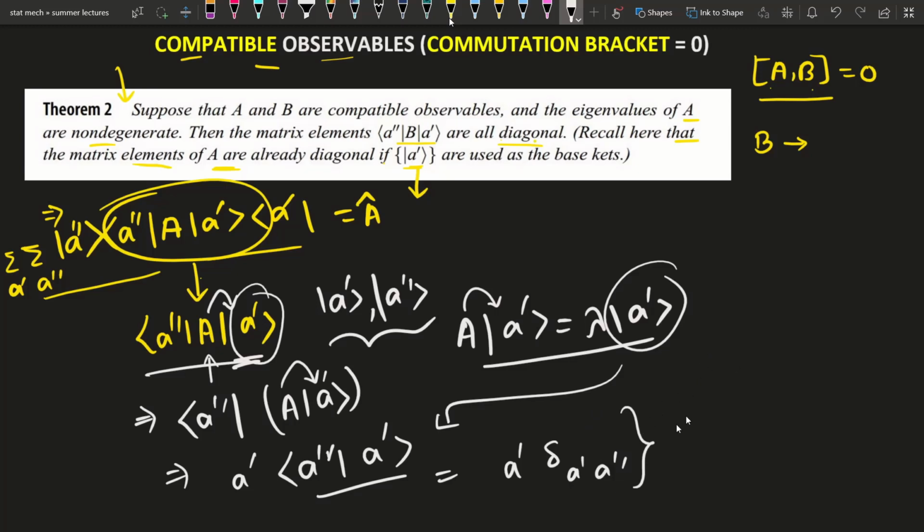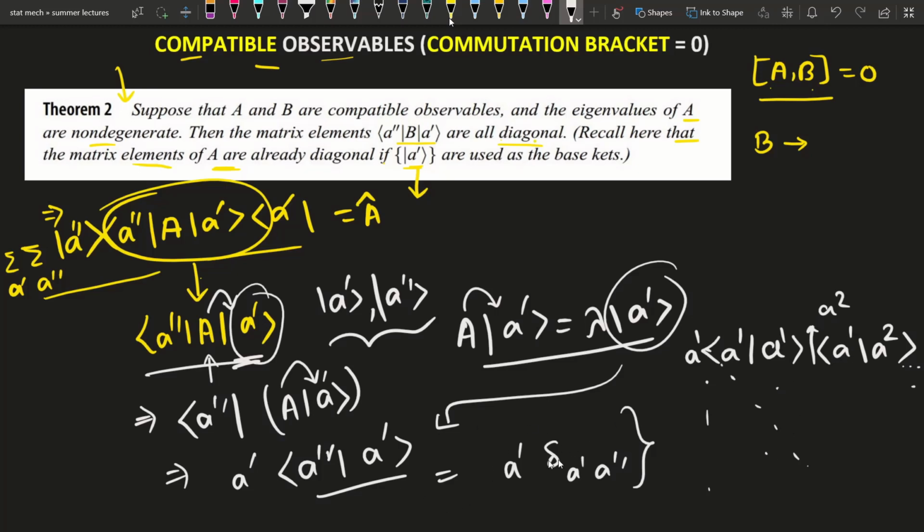Basically, if we represent it in terms of a matrix, then this matrix will look something like this: a1 here, and this is a1, and this is a2, right? And there is the eigenvalue a1 here, here is the eigenvalue a2, and this way, right?